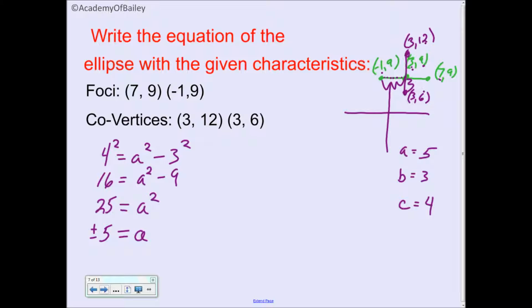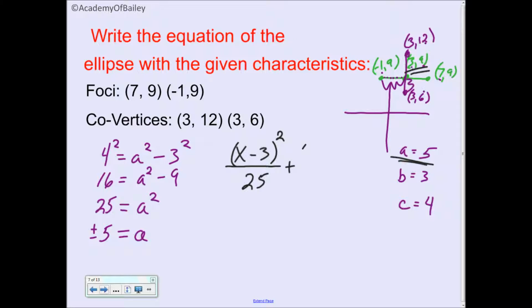And so from here we can write our equation. Does it have a horizontal or vertical major axis? It's horizontal. So then A will go underneath x minus h. So we're going to say x minus h, where h in this case is 3, over a squared, so that would be 5 squared, which is 25.